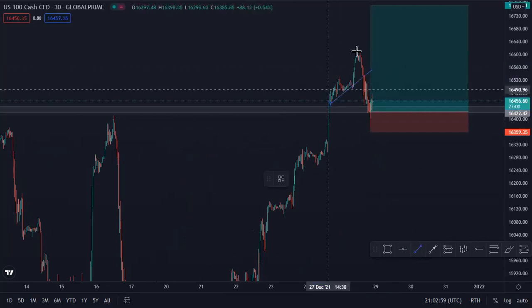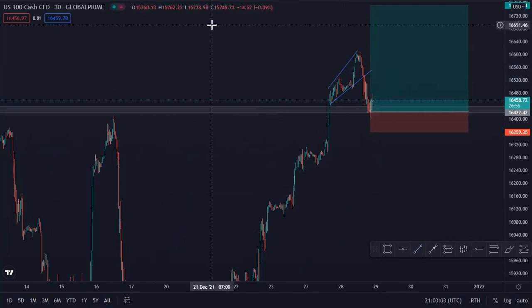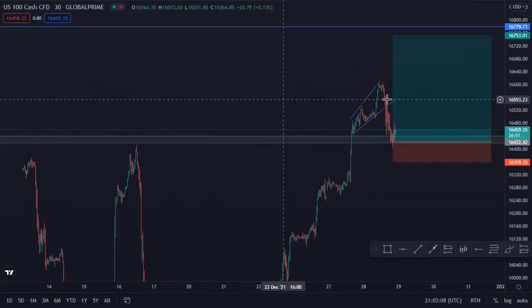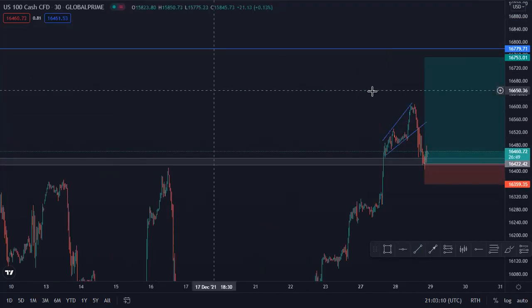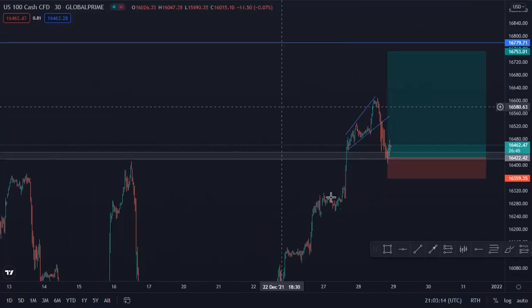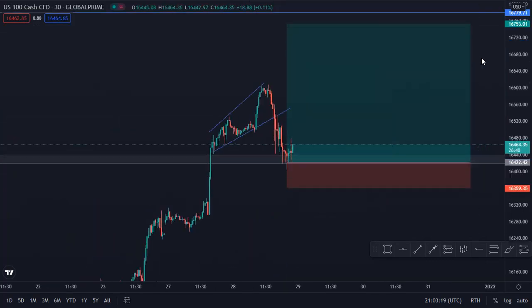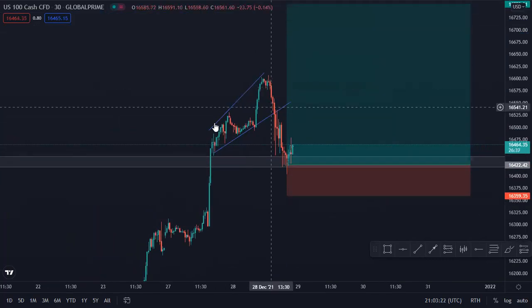Sometimes reversal patterns occur on resistance levels or support levels. Right here we didn't have any resistance level, but you can see that this is a reversal pattern. The market actually gave us a sign that it's going to reverse, and it did reverse after all.